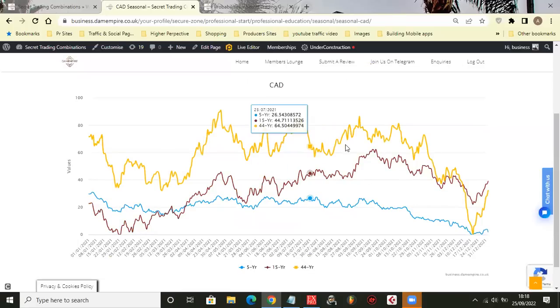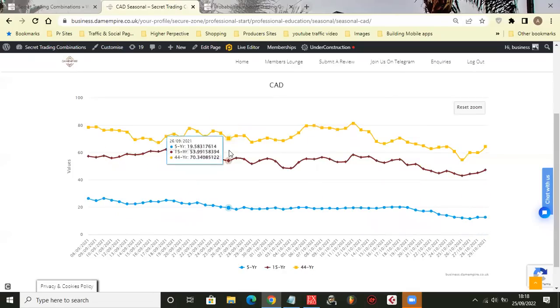All right. So let's check. We are currently right around here. So, just going to zoom that in. Exactly the same thing that I've done before. There's not much difference. Now with the CAD on the 25th, it's telling us to go short instead.